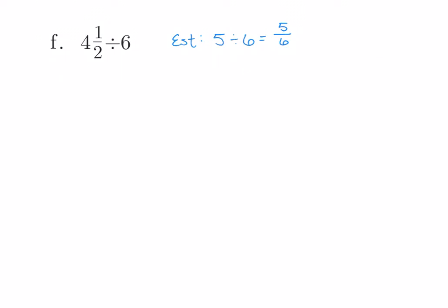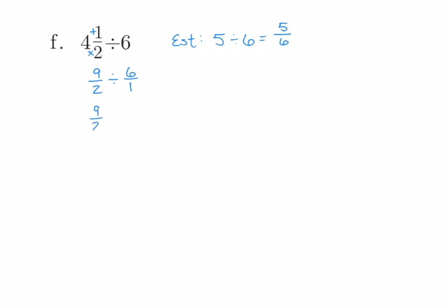All right, let's go ahead and find the exact answer. We get 2 times 4 is 8, plus 1 is 9. We write 6 as a fraction as 6 over 1. We do our copy dot flip.